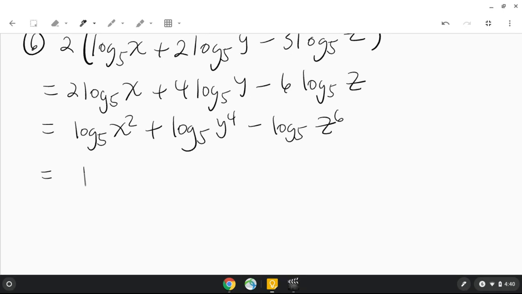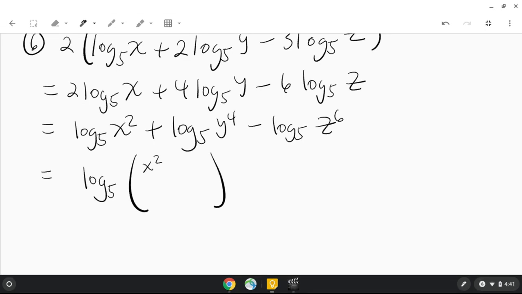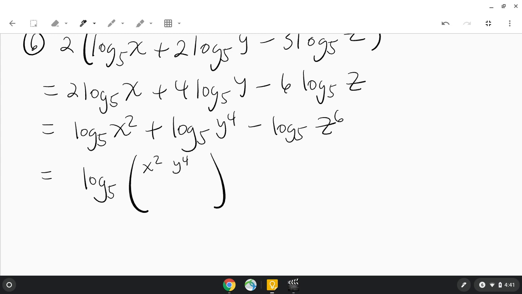Let's figure out who is going to be in the numerator and who will be in the denominator. We have a mix of positives and negatives here. That first one, log x squared, is positive, so it goes on top. The next one, log y to the 4th, is positive, so it also goes up in the numerator. And now we have a minus log z to the 6th, so that one will go down below.